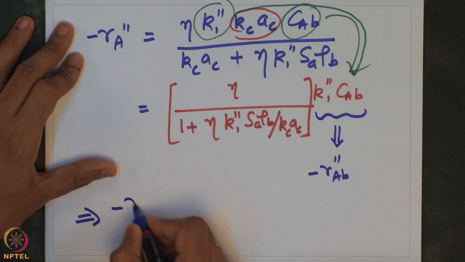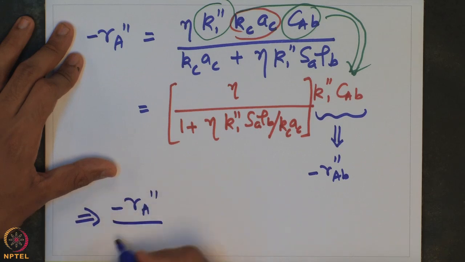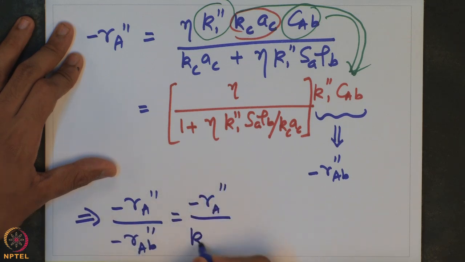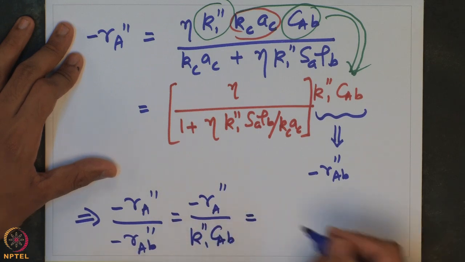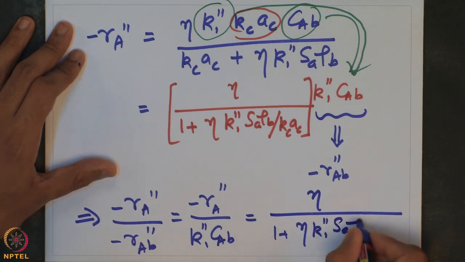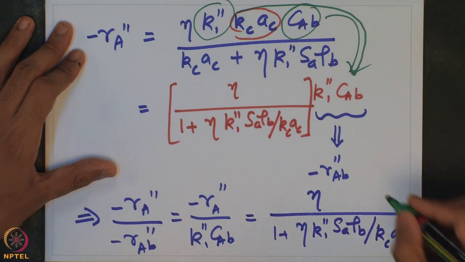So, I can now write minus Ra double prime divided by minus Rab double prime, which is equal to minus Ra double prime divided by K1 double prime into CAB for a first order reaction, and that is equal to eta divided by 1 plus eta K1 double prime into SA into rho b divided by Kc into Ac.